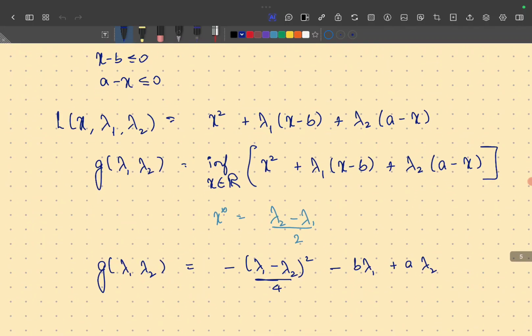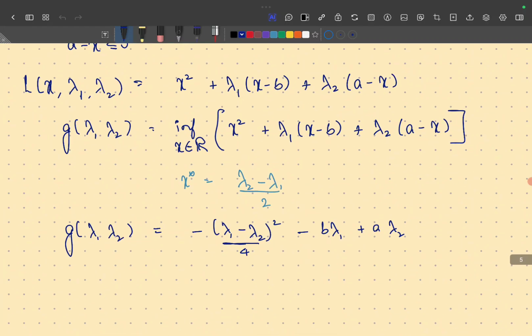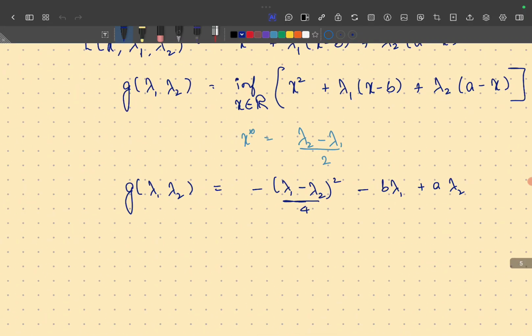Okay, so the primal optimization problem was convex. What can you say about the dual optimization problem, which is maximize g of lambda 1, lambda 2 subject to the constraint that lambda 1 is greater than or equal to 0 and lambda 2 is greater than or equal to 0.